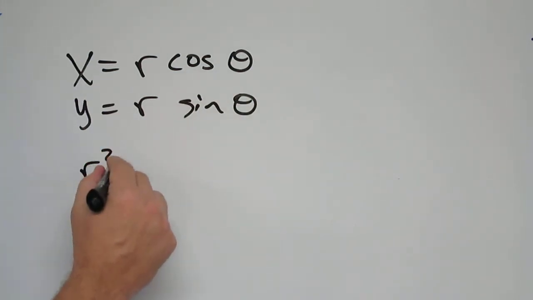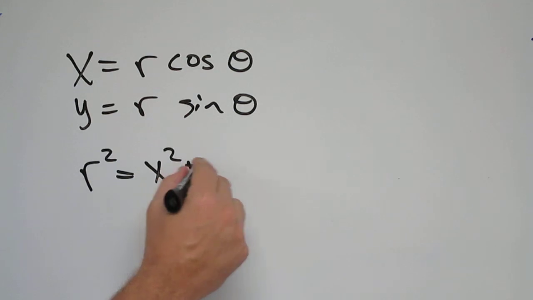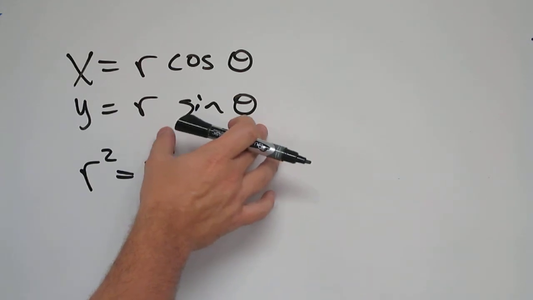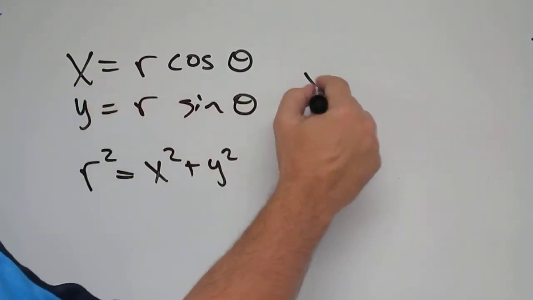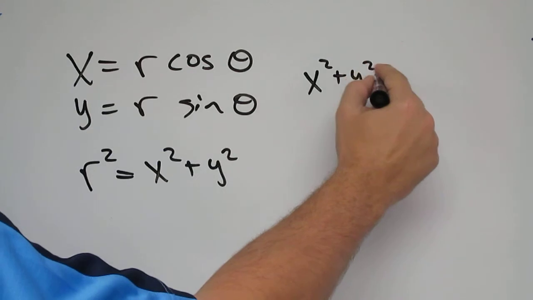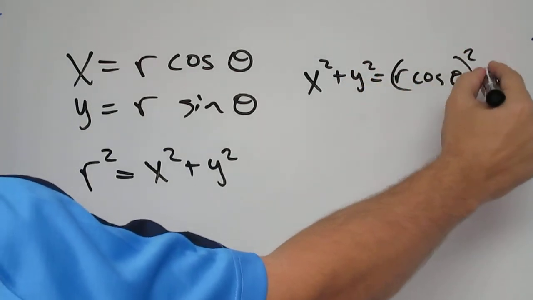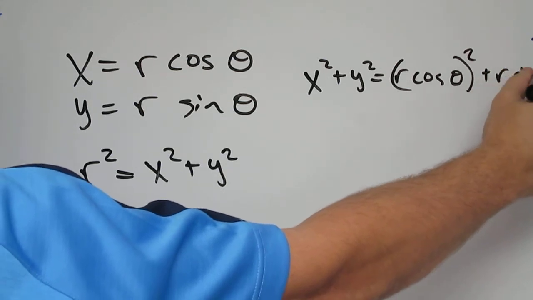r squared is equal to x squared plus y squared. That's something we wouldn't have talked about in Algebra 2 because you wouldn't have known those trig identities. If I do x squared plus y squared, it's r cosine theta squared plus r sine theta squared.